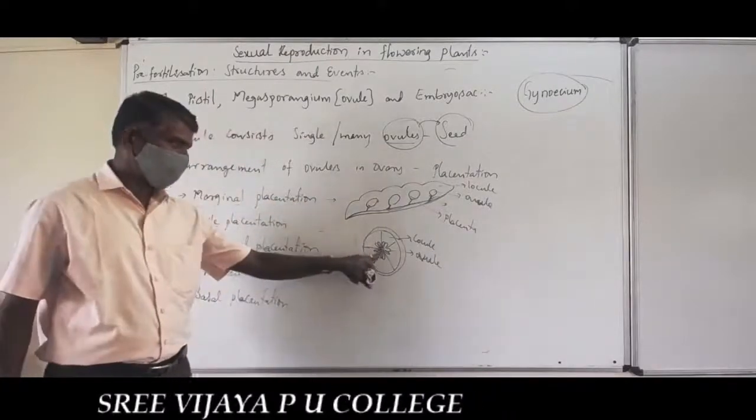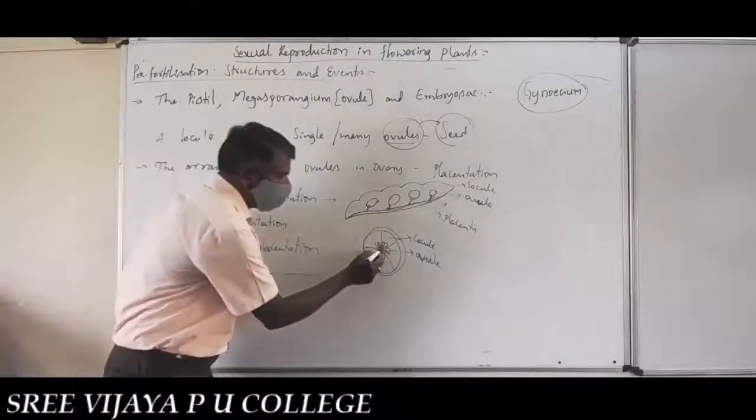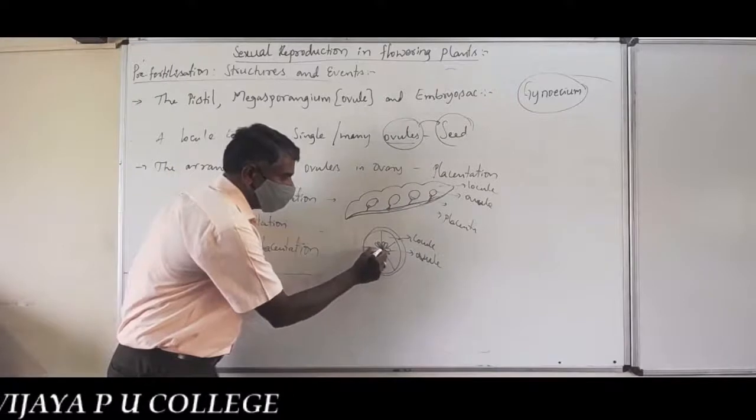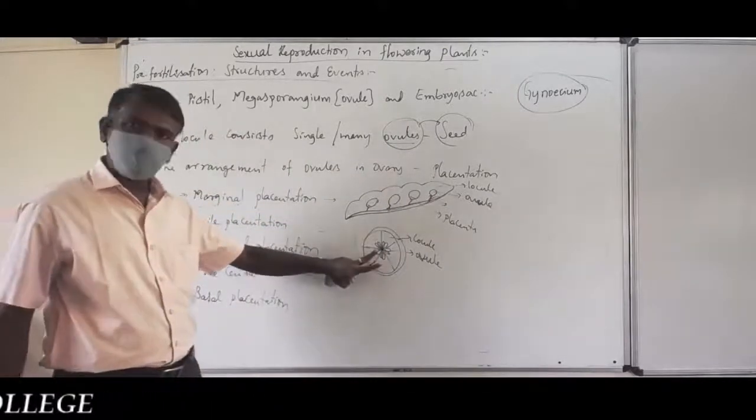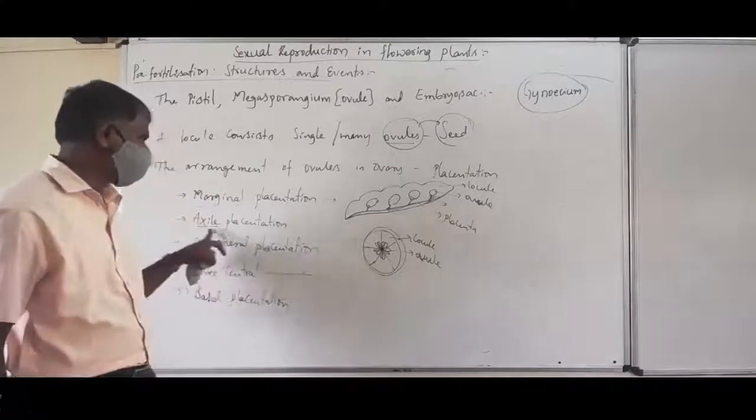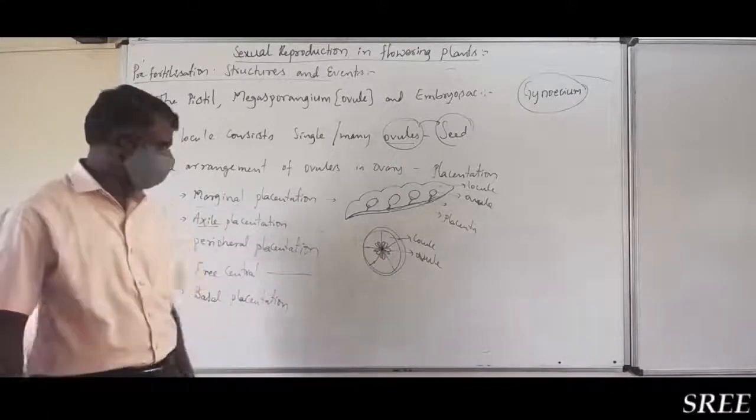Here the ovules are attached to the placenta present at the center, or axis. This type is called axial placentation.